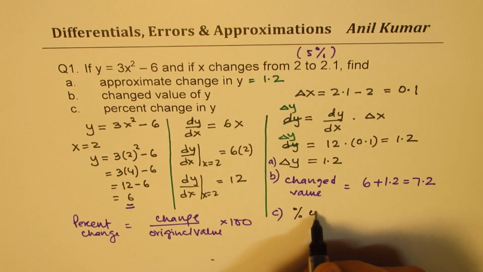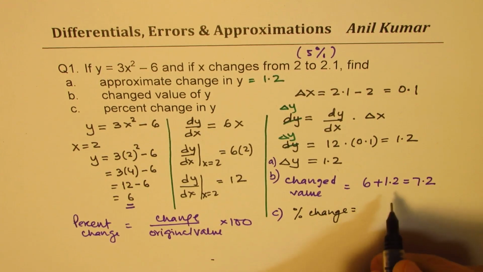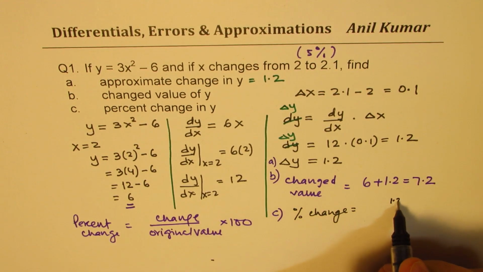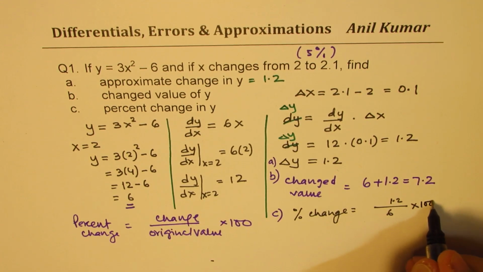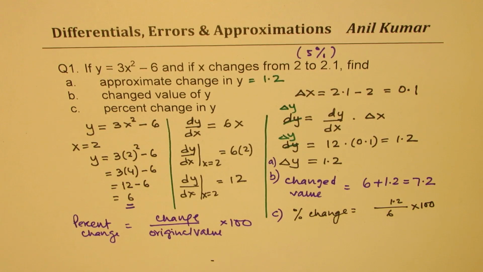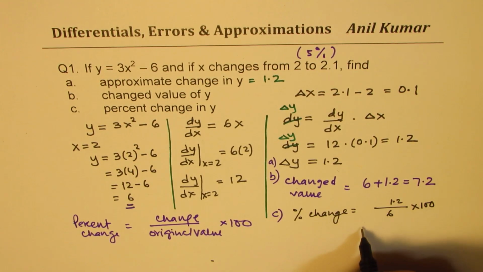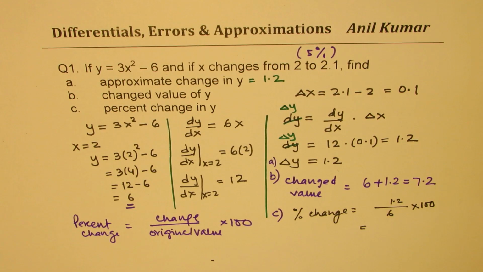So percentage change is the changed value of 1.2 over the original value of 6 times 100. Perfect. When you divide, this gives 0.2 times 100, or 20%. Correct? So in this particular case, at the given point, the change is going to be 20%. So I hope this is understandable.